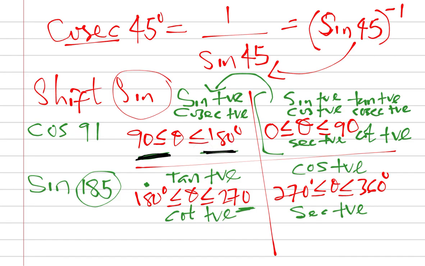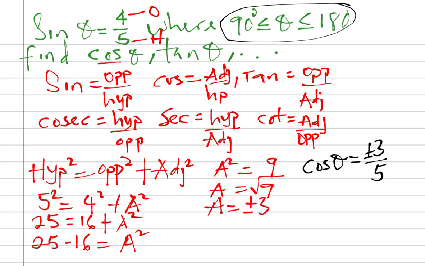Yes or yes? So since cos is negative under the second quadrant, the only possible answer here is that cos theta is equal to minus 3 over 5. Why? Because it is under the second quadrant.